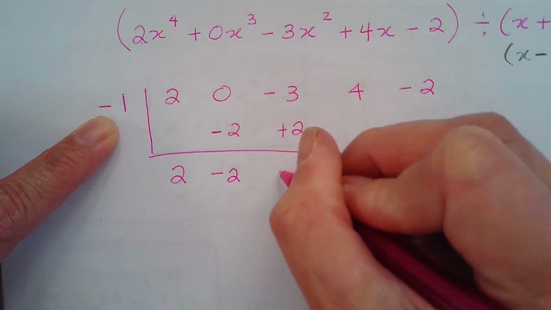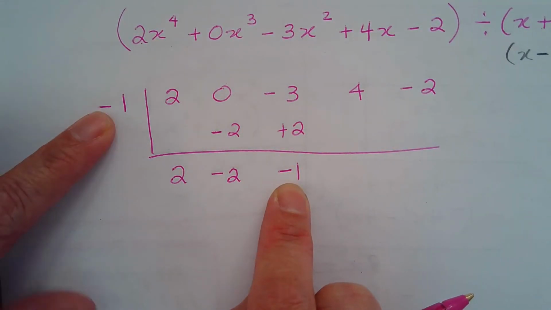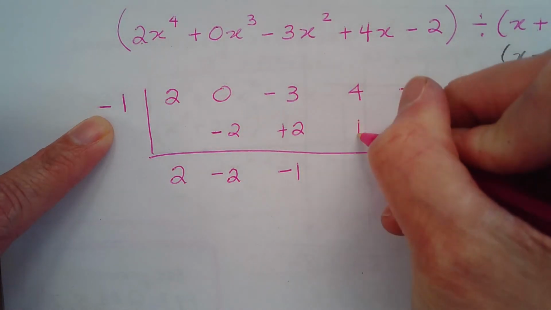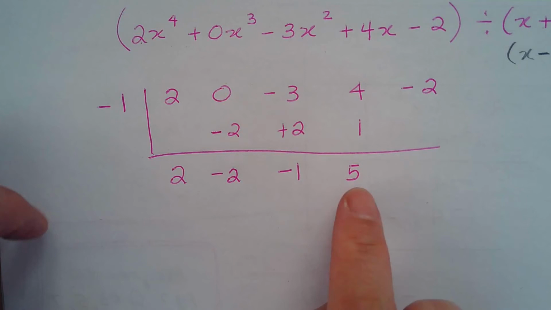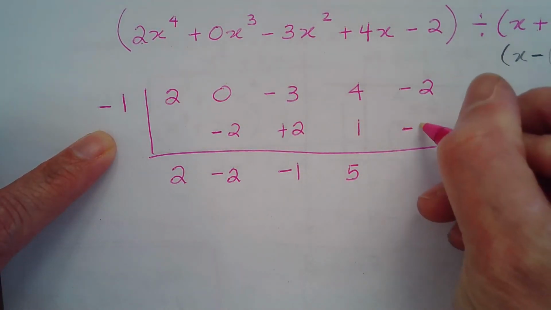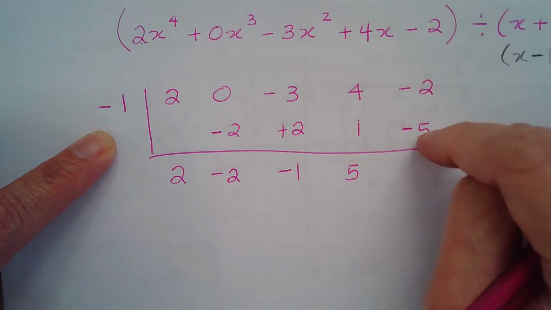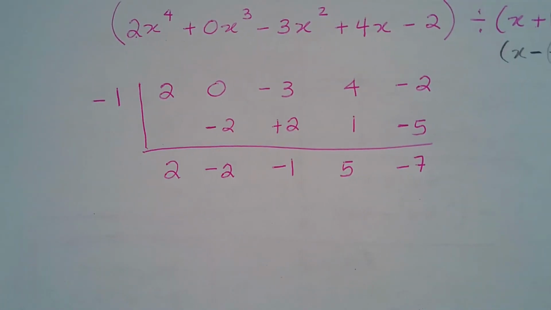We add negative 1. Negative 1 times negative 1 is going to give us 1. We add them. It's 5. 5 times negative 1 is minus 5, and we add to get minus 7. Okay.